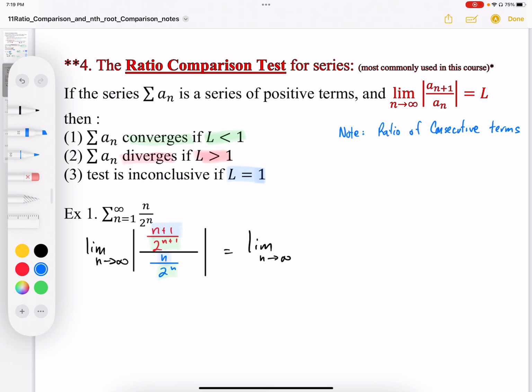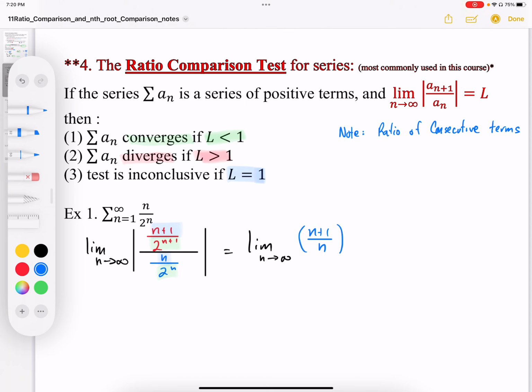Okay, so it's going to look like this. There's going to be an n part of this limit, so n plus 1 over n. It's going to be that part of the limit.